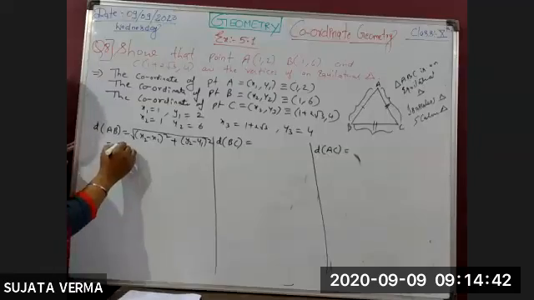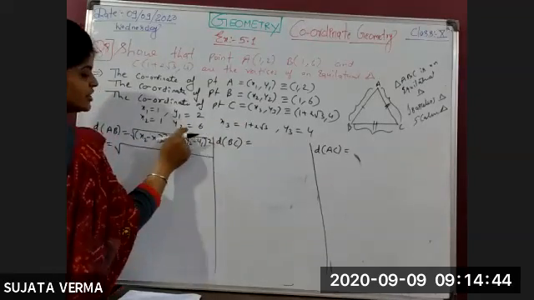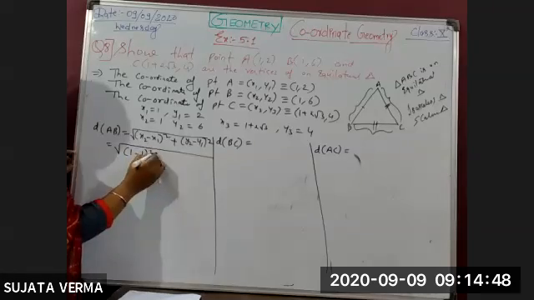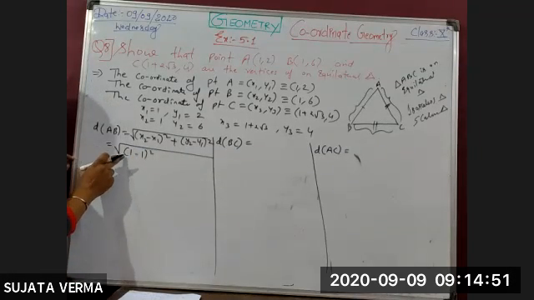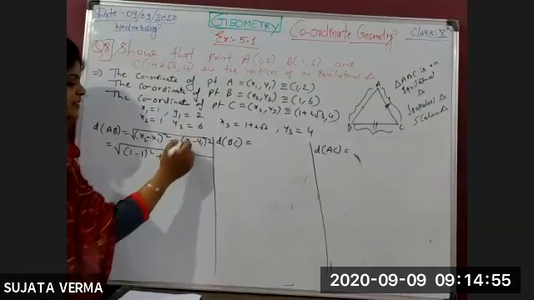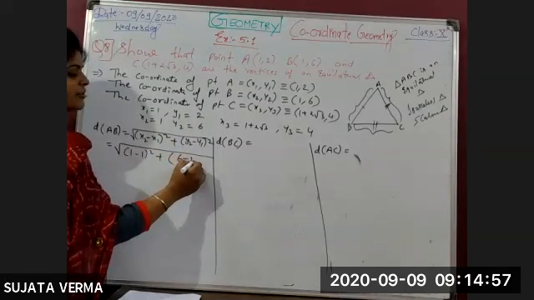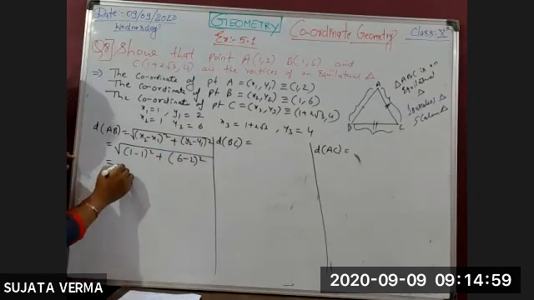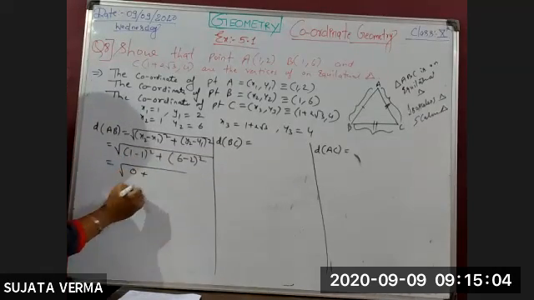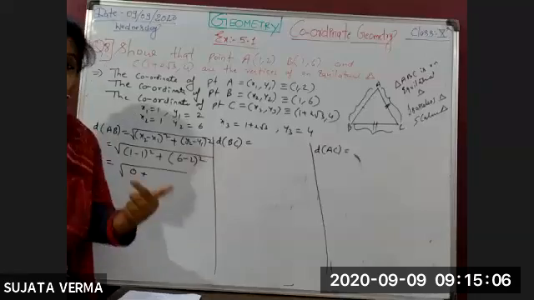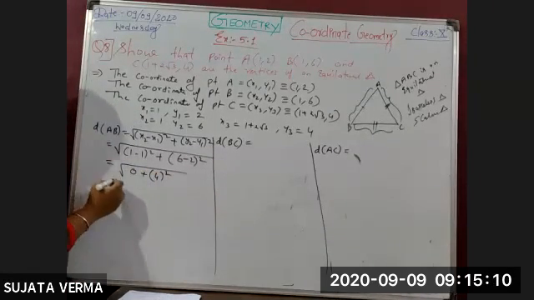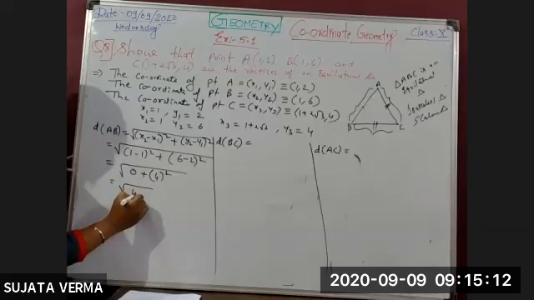Now put the values. x2 is equal to 1 and x1 is equal to 1, so 1 minus 1. y2 is equal to 6 and y1 is equal to 2. Now, 1 minus 1 is 0. 6 minus 2 is equal to 4 square.